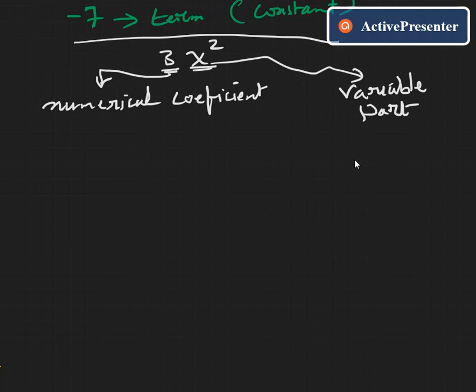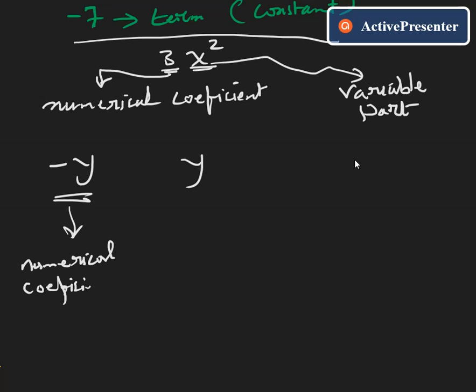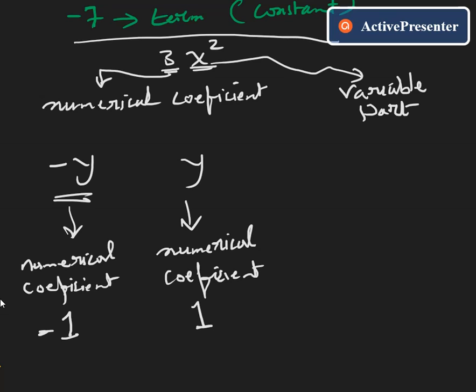It's important, as we saw before, to look at minus y, or for example, plus y. Here the coefficient is minus 1, not 1, minus 1. And here the numerical coefficient is 1.